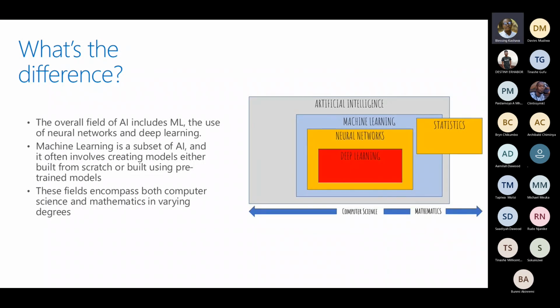But as an alternative, what we're going to be using today is what is known as custom vision. Custom vision are pre-built training models made by Microsoft to give the same output without needing to write code. Those are basically the differences in a nutshell.